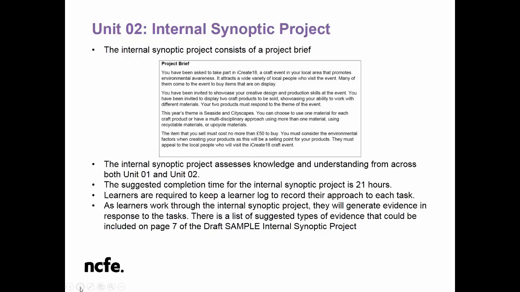You have been invited to display 2 craft products. Now those craft products, they can choose to use one material for each craft product, or they can have a multidisciplinary approach using more than one material. They can use recyclable materials, or they can upcycle materials. But regardless of which approach they take, it's 2 products that they have to produce.